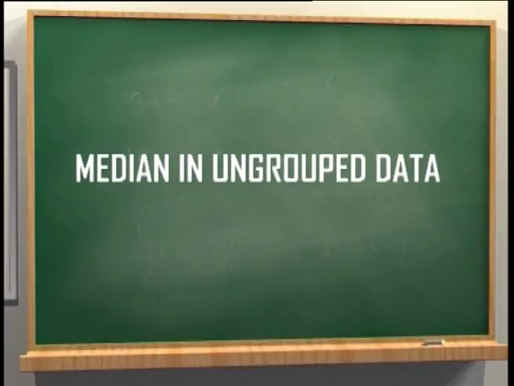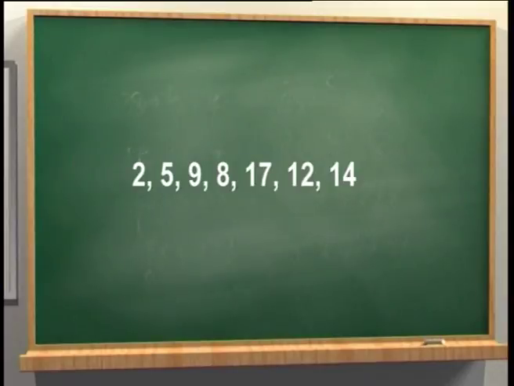Now let's discuss finding the median in ungrouped data. For finding out the median in ungrouped data, let us study the following example. Let's find the median for the scores 2, 5, 9, 8, 17, 12 and 14. Here we have 7 scores.